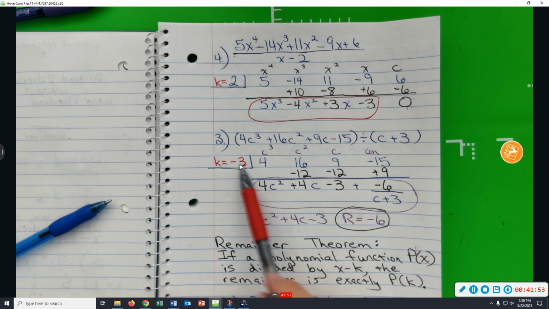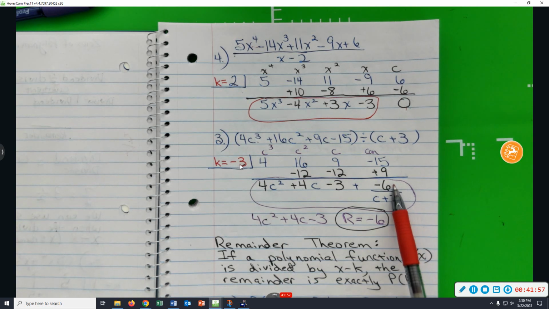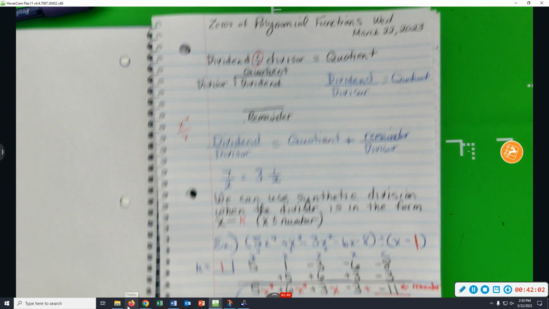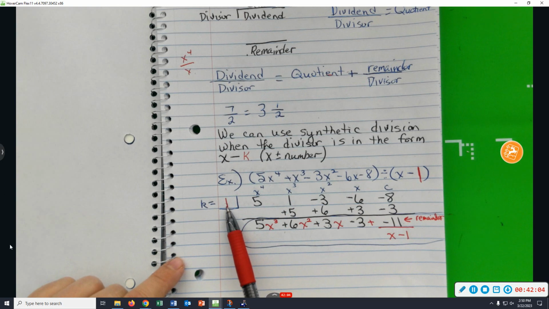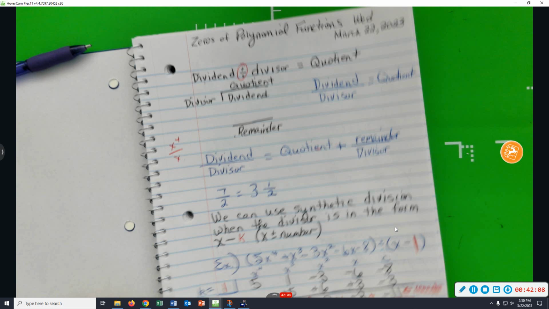Is negative 3 a 0? What do y'all think? No, it's not a 0 because you had a remainder of negative 6. Let's go back over here to this one. Was 1 a 0? No, we had a remainder of negative 11, okay?